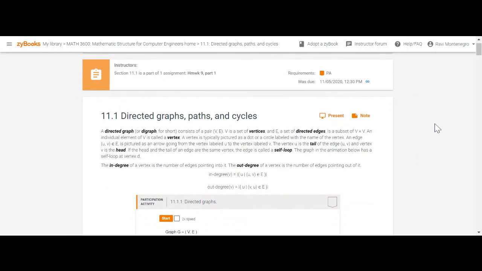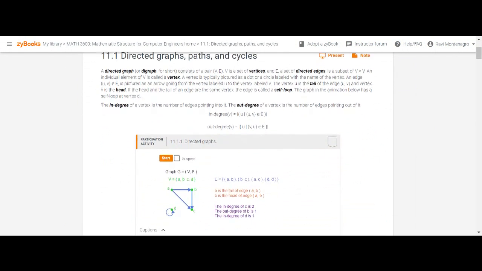So directed graphs, lots of terminology, similar to what we've been talking about. We have vertices, we have directed edges, which are arrows, we have self-loops, and so on.